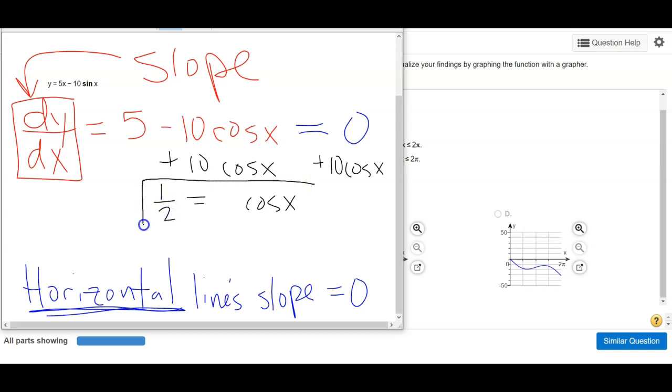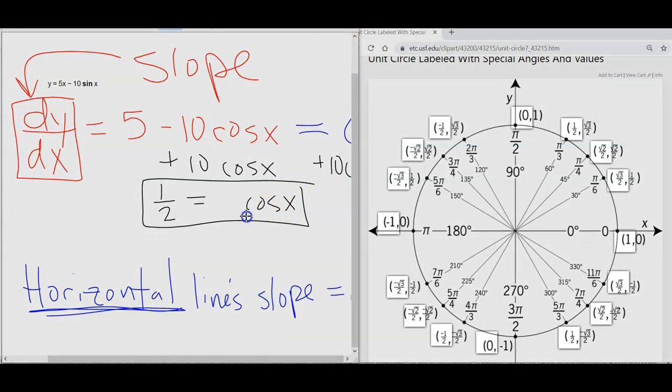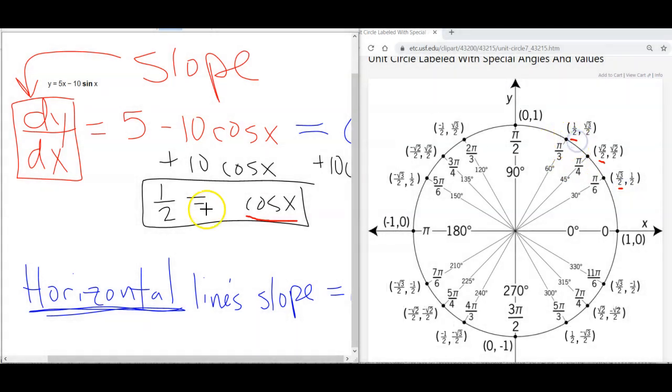So this is a trig equation, and now we're thinking about a unit circle. On a unit circle, the cosine is the x-coordinate of the points on the circle. So we're only looking at these x-coordinates, and we're being asked, where is the x-coordinate equal to 1/2?